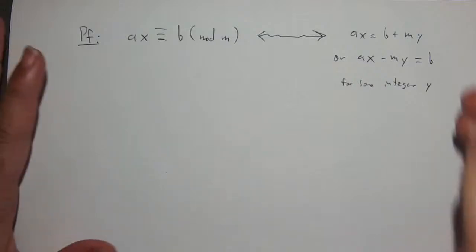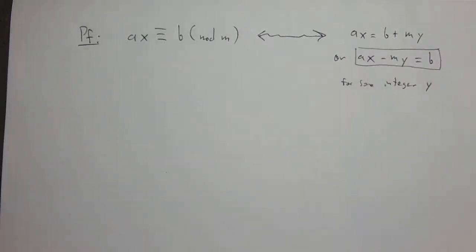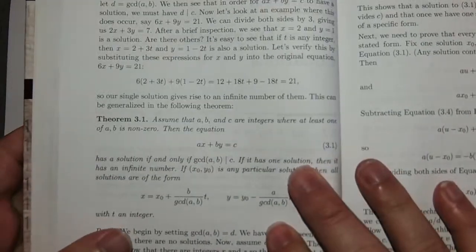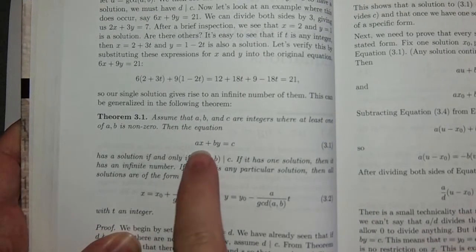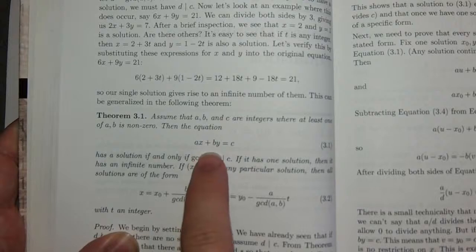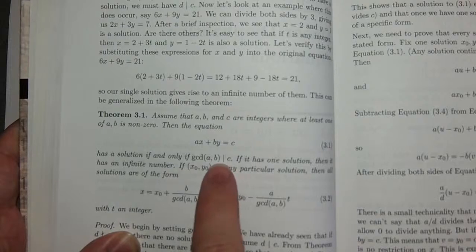Okay. Once I have an expression that looks like this, now you might see why Theorem 3.1 comes in. So maybe we should remind ourselves what Theorem 3.1 stated. Flipping back through the textbook, here it is. Theorem 3.1. Assume that a, b, and c are integers where at least one of a and b is non-zero. Then this linear Diophantine equation, ax plus by equals c, has a solution if and only if the GCD of a and b divides c.